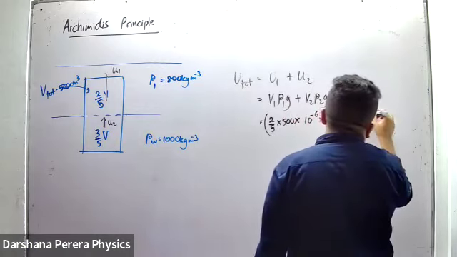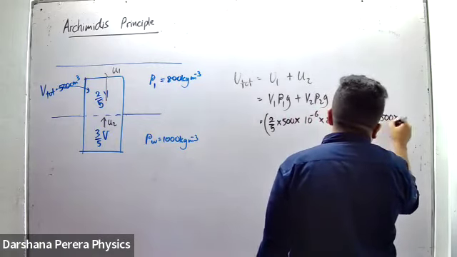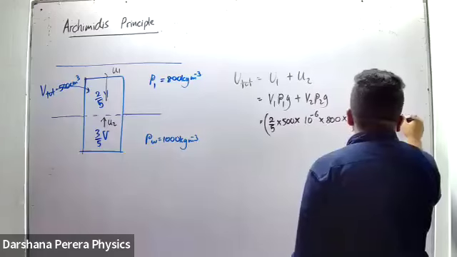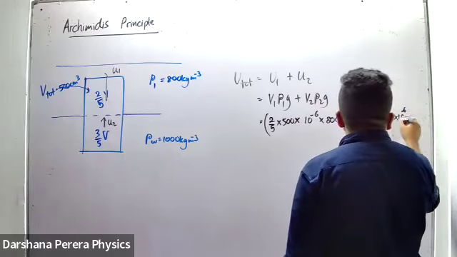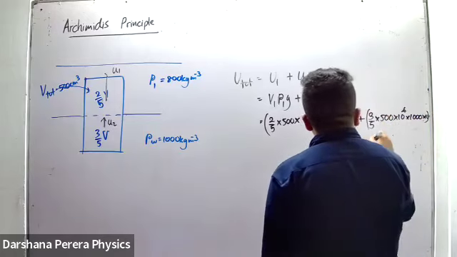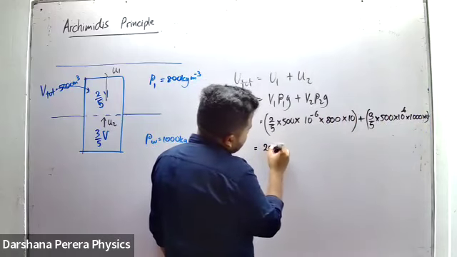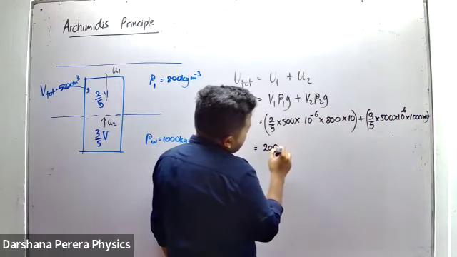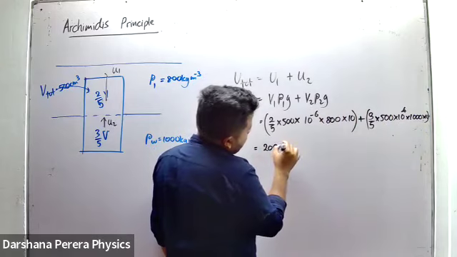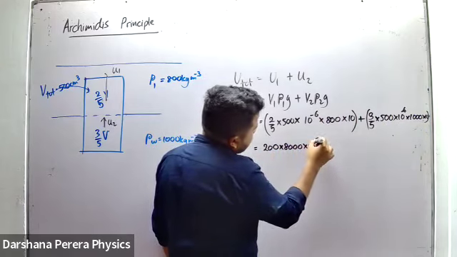Right. 3/5, 500 into 10 to the power minus 6 into 1000 into 10. So this case is 200 into 8000, 10 to the power minus 6.